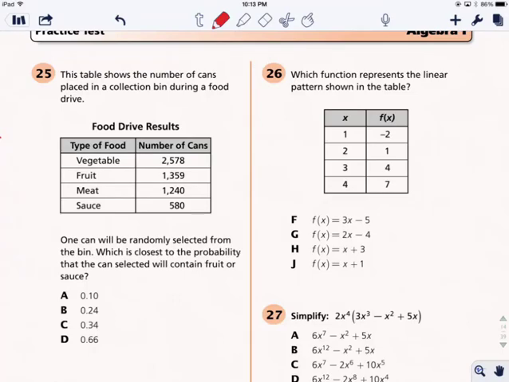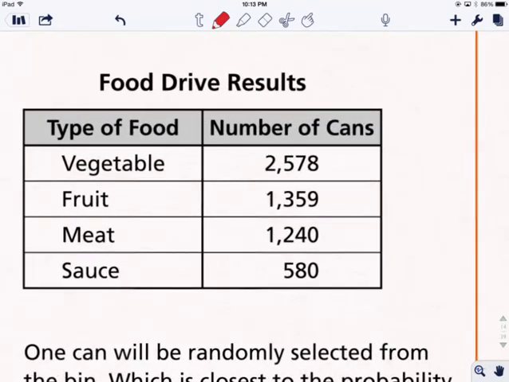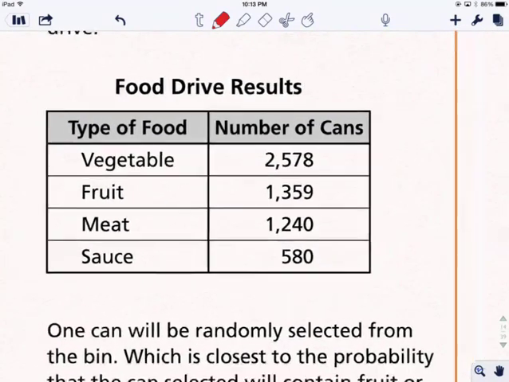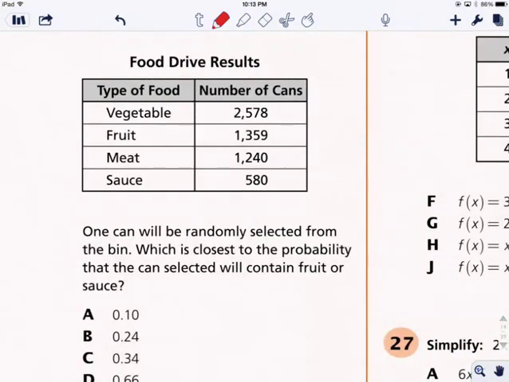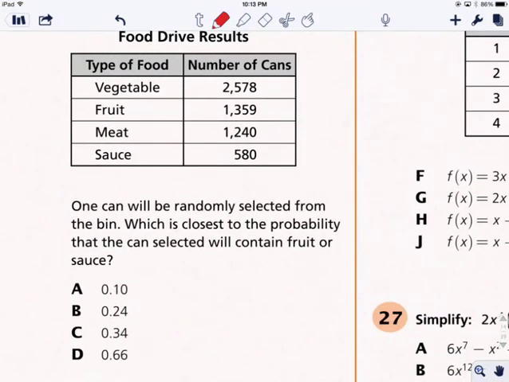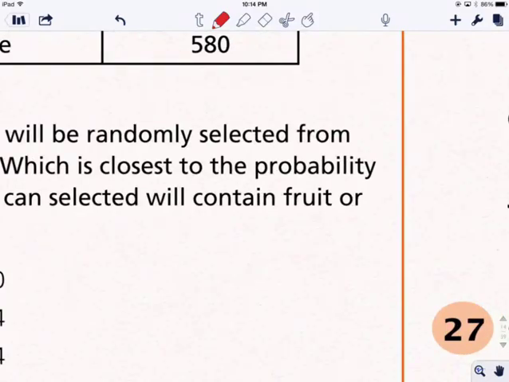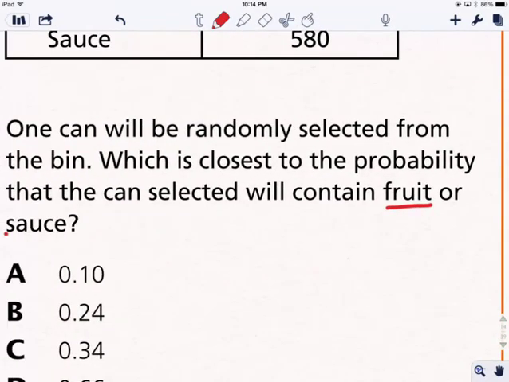Number 25. So we have a table here showing us the number of cans of different types of food that were donated. And we're going to select one can from all of these thousands of cans. And we want to know what is the probability that the can that we select will contain fruit or sauce.